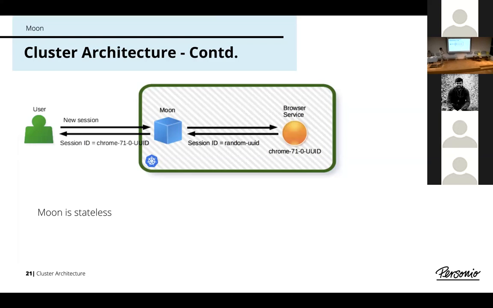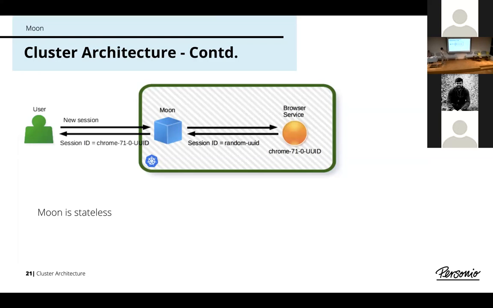A browser service is used for communicating with the browser pod, and Kubernetes will allocate an IP address to the browser pod. Using Moon, we are giving a specific DNS name for the browser service, which is talking to that browser pod. You can see that it starts with Chrome, then the version of the browser, then a random UUID. And then this random UUID will be returned back to Moon.